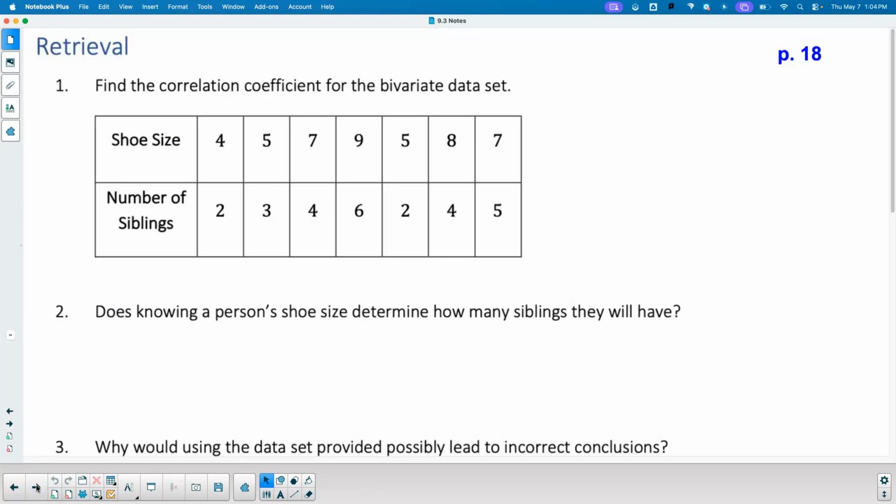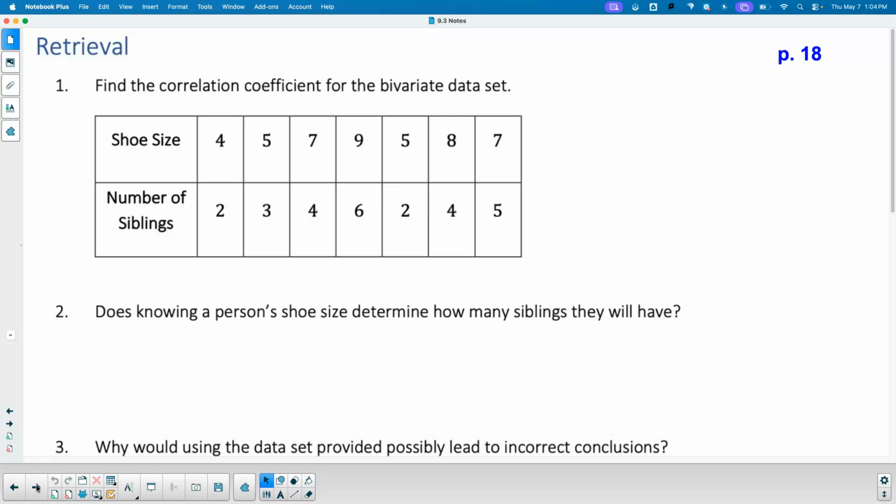So today we're going to be on that supplemental sheet, but we're also going to be in your note packet, because we do the retrieval on page 18.